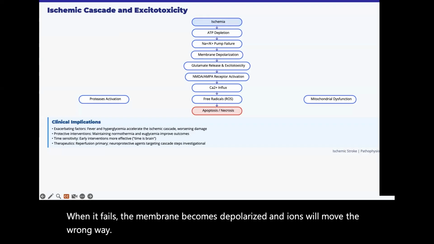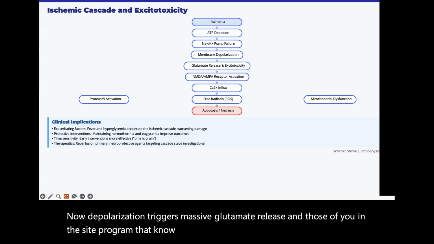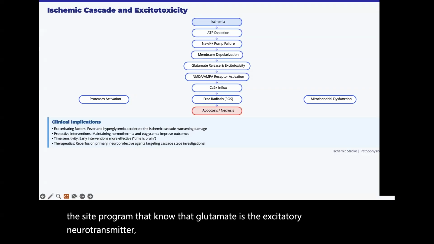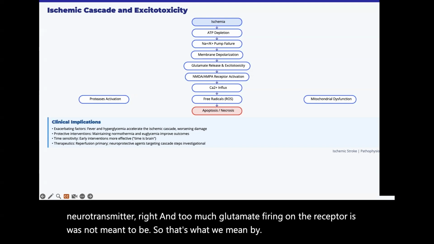Now, depolarization triggers massive glutamate release. And those of you in the psych program know that glutamate is the excitatory neurotransmitter, right? Too much glutamate firing on the receptor was not meant to be. So that's what we mean by excitotoxicity.